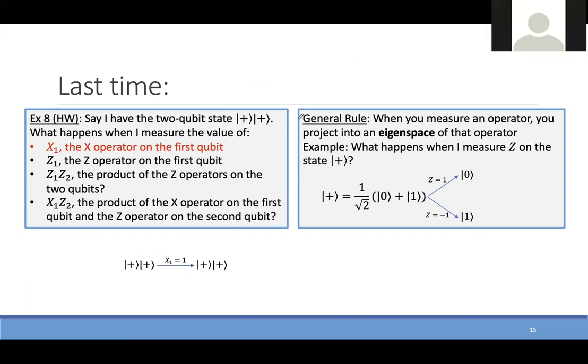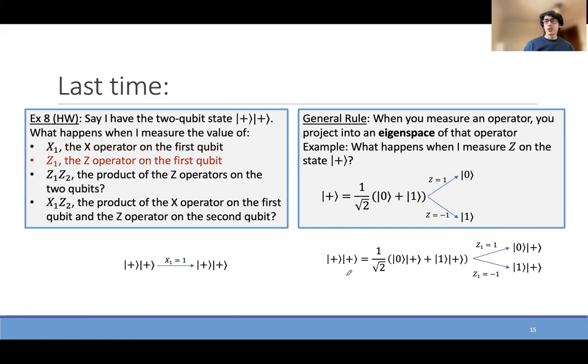Yeah. And so the way I'm going to draw that is, let's think about this. We have right here that plus is 1 over the root 2, 0 plus 1. So let's write that out. I'm rewriting this first plus as 0 plus 1, and the second plus I'm just leaving as plus, because we're not even measuring it. That means this state is a sum of a state with Z1 equals 1 and Z1 equals -1.